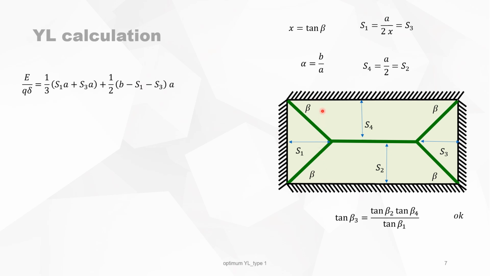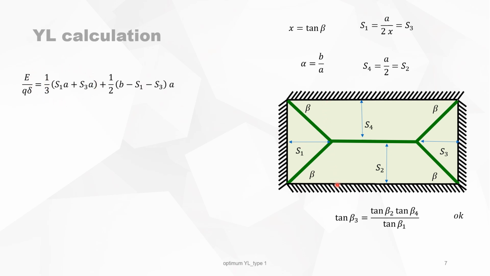The total load is S1 multiplied by A times Q. And the mean deflection of a system that consists of triangles is delta over 3. So this is this element of the equation. On the opposite side, we do the same. Triangles, it's A times S3 times delta over 3. So now we got this element.